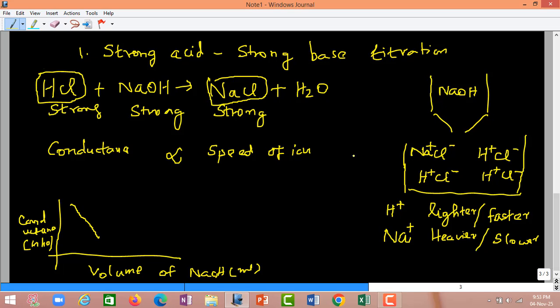As you continue with the titration further, as you add more and more sodium hydroxide to HCl, all the H plus ions will be replaced in turn by Na plus ion, and Na plus ion being the slower ion, the conductance will decrease.